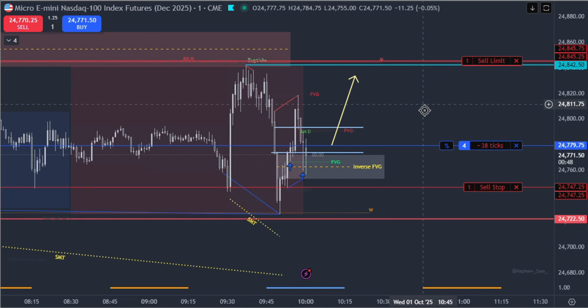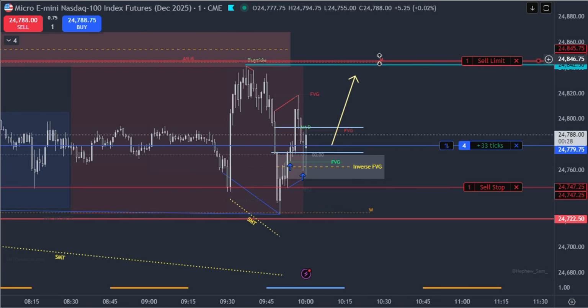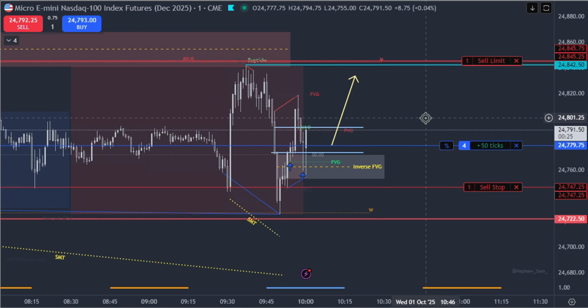So the 10 o'clock candle opened low. And then once it takes this high, I will aggressively move my stop loss because usually when a 10 o'clock candle purges a liquidity, it will normally either retrace again or it will expand.